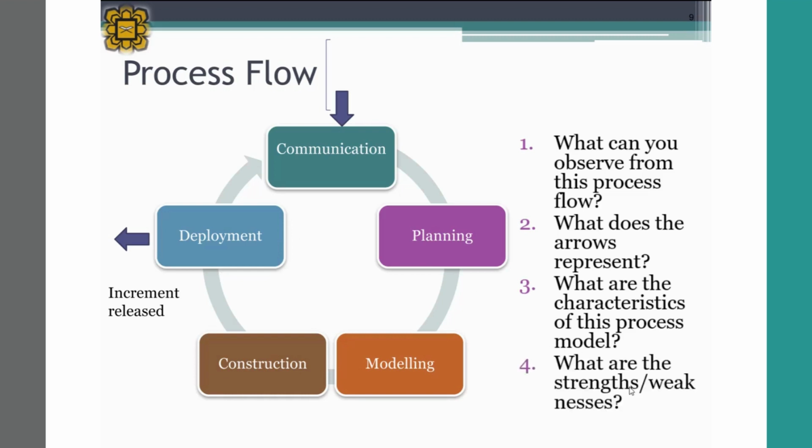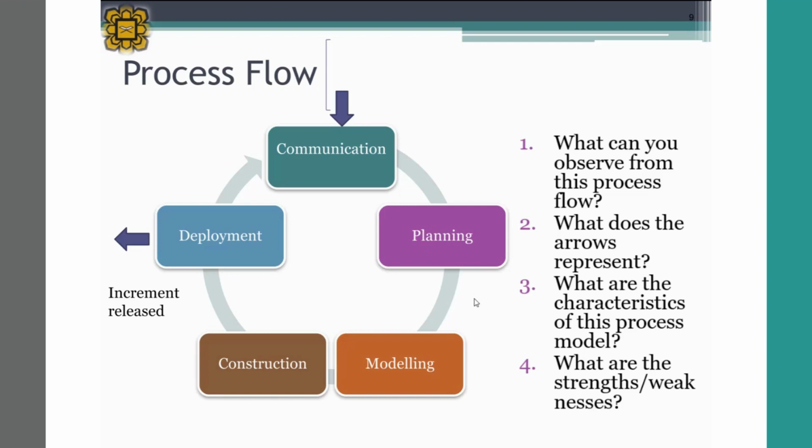Okay, so what are the strengths of this process flow? You can systematically plan your outcomes into smaller partitions so that it's easier for you to organize your products. Or you can think of them as features.